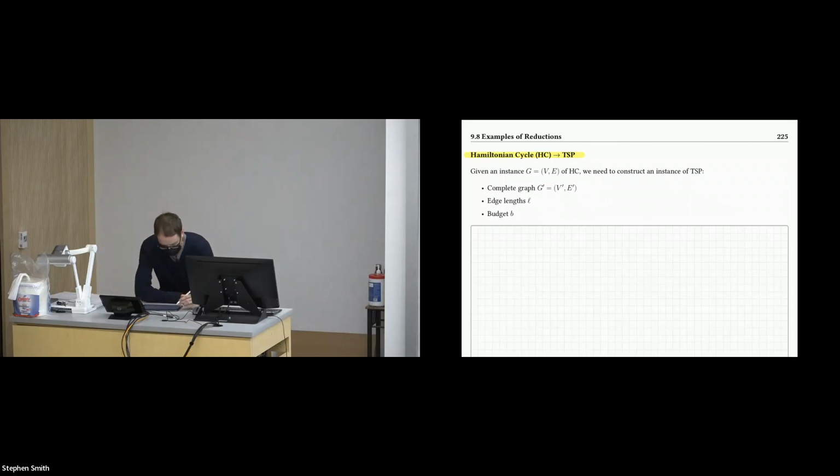So I'm given an instance G equals (V, E) of Hamiltonian cycle, and I need to construct a TSP instance that consists of a complete graph, edge lengths, and a budget. And so what I'm going to do is the vertex set V prime is just going to be the same. I don't need to add any new vertices.